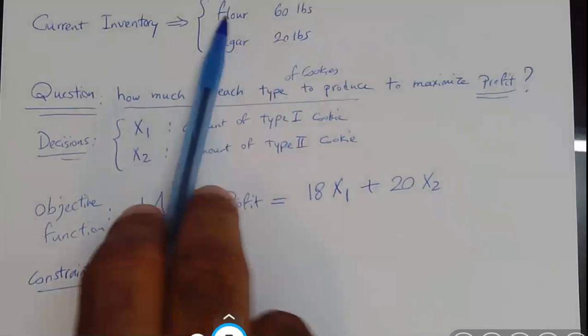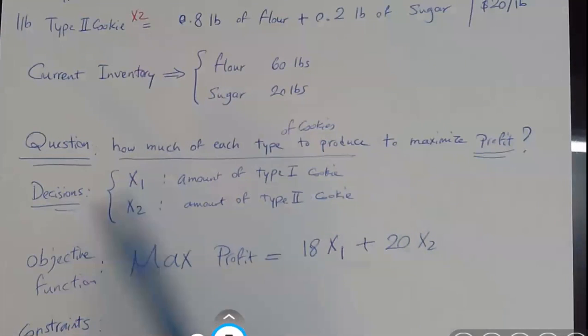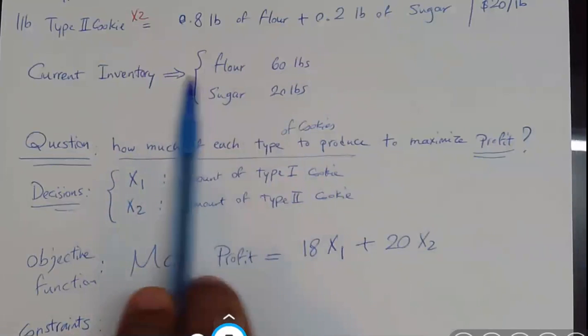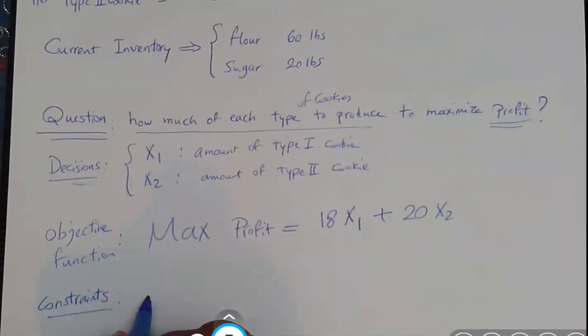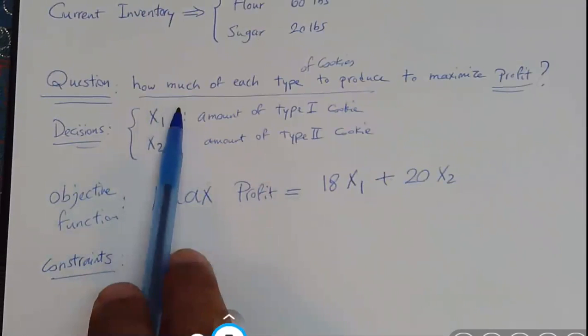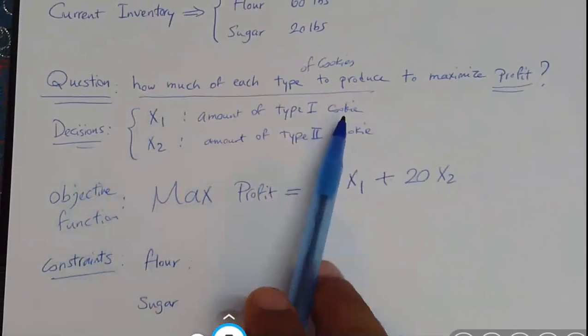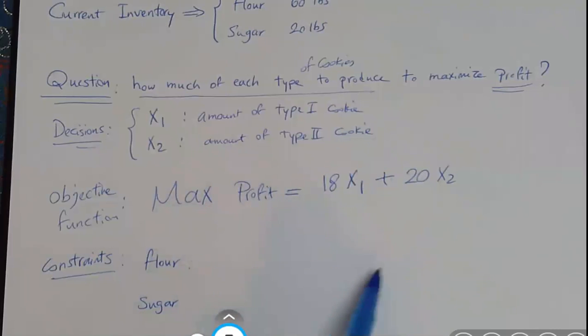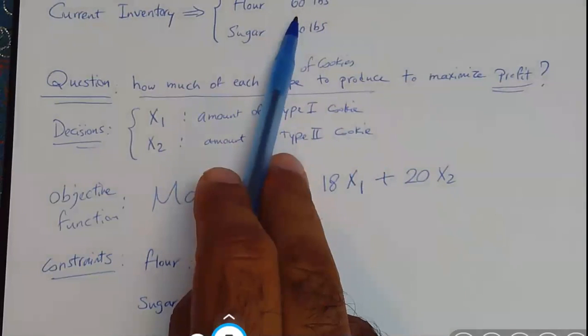So I have two constraints. I have two ingredients, and for each one of them we have a limited amount. So I have flour and sugar. These are my ingredients. For flour, the amount that I'm gonna need for production of X1 units of type 1 cookie and X2 units of type 2 cookie should be less than or equal to 60, right?